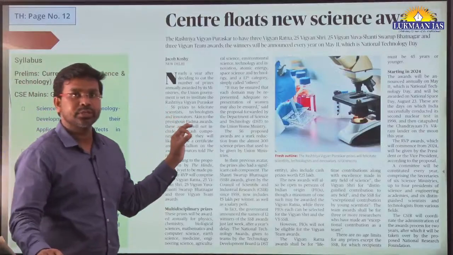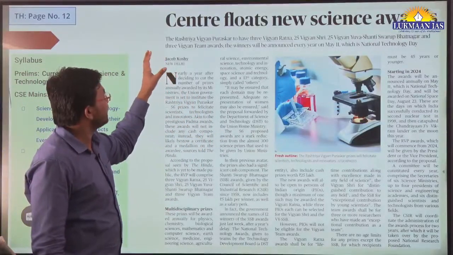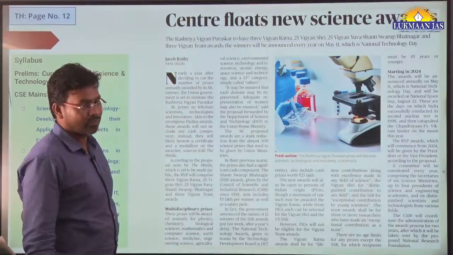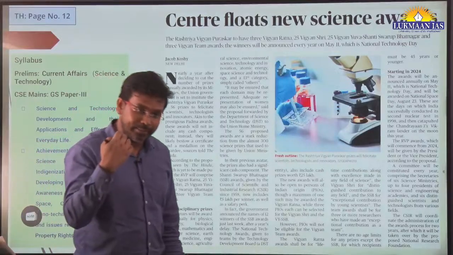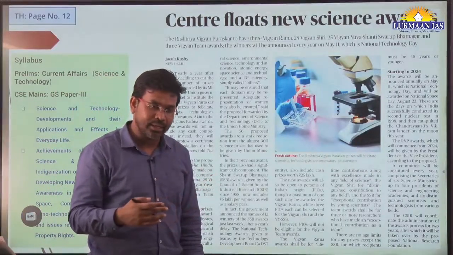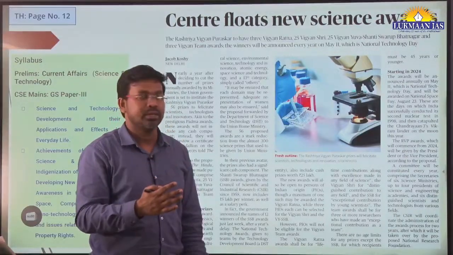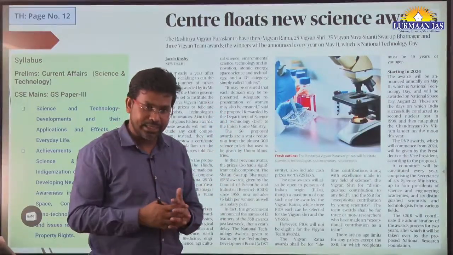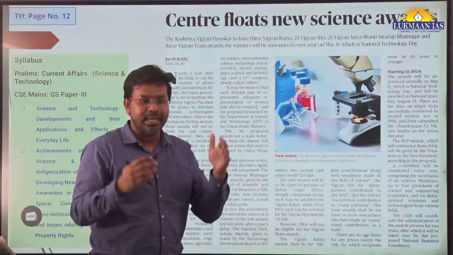Quickly we will look into this topic. This is important. It says Centre floats new science awards. Earlier, science related awards were given by different ministries of the Government of India, and there used to be more than 100 such awards. But this time the Government of India has decided to categorize these awards, and they have reduced the number.